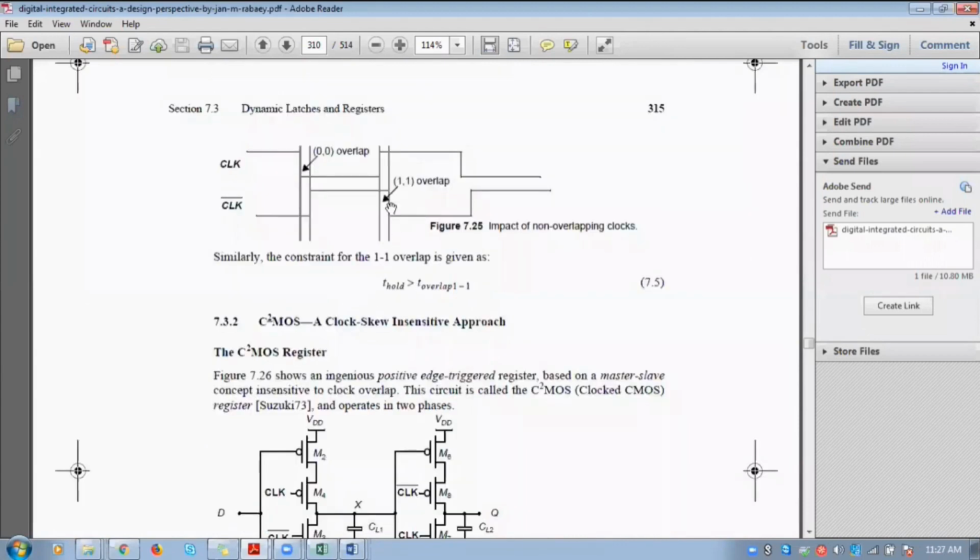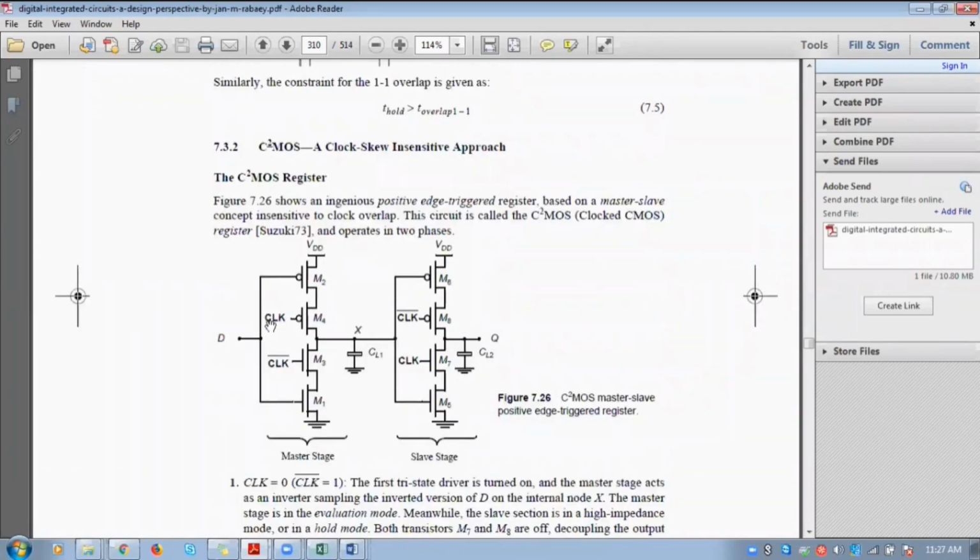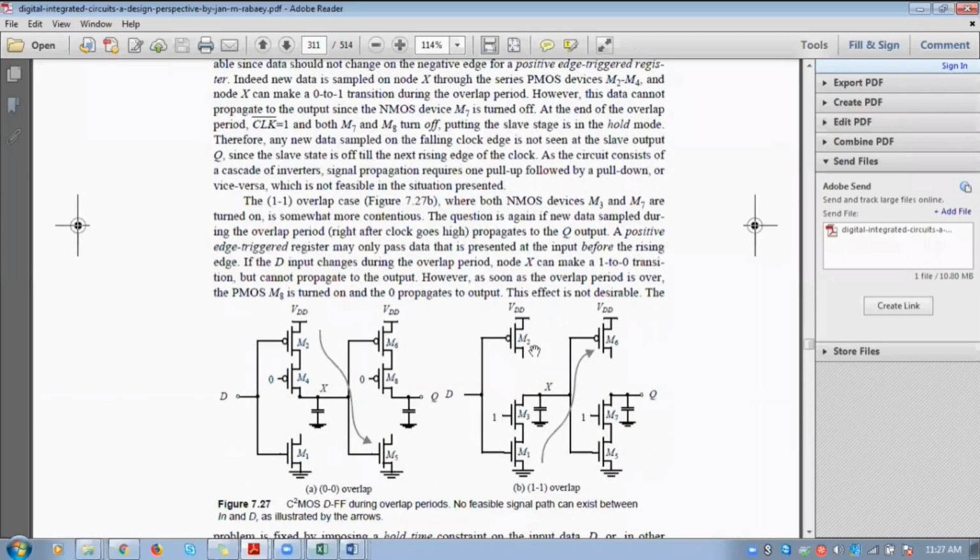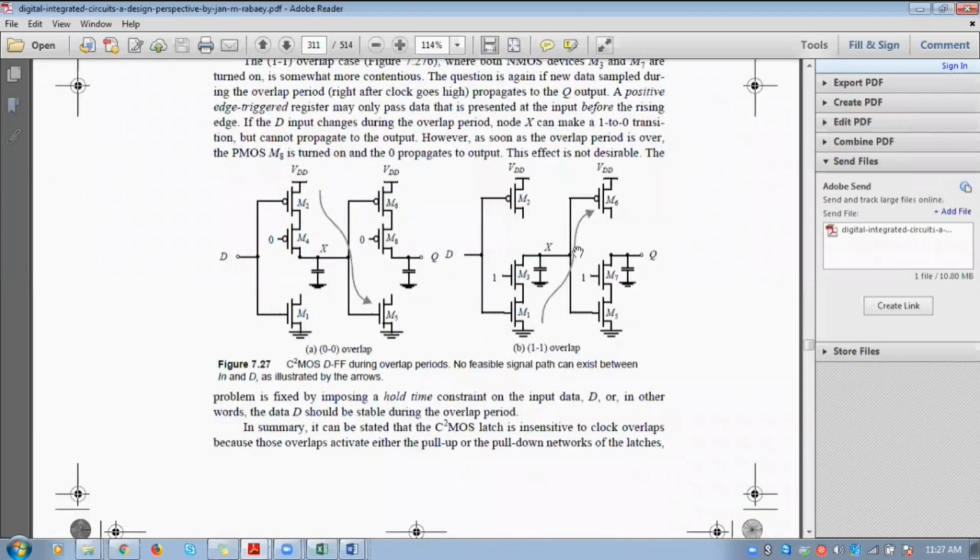Now we have to consider 1, 1 overlap. We are going to apply clock equal to 1, clock bar equal to 1. When clock equal to 1, PMOS is in off condition. When clock bar equal to 1, the NMOS will be on. Here also this NMOS will be on, this PMOS will be off. So your circuit will be modified like this. Here also you don't have any direct connectivity between input and output.